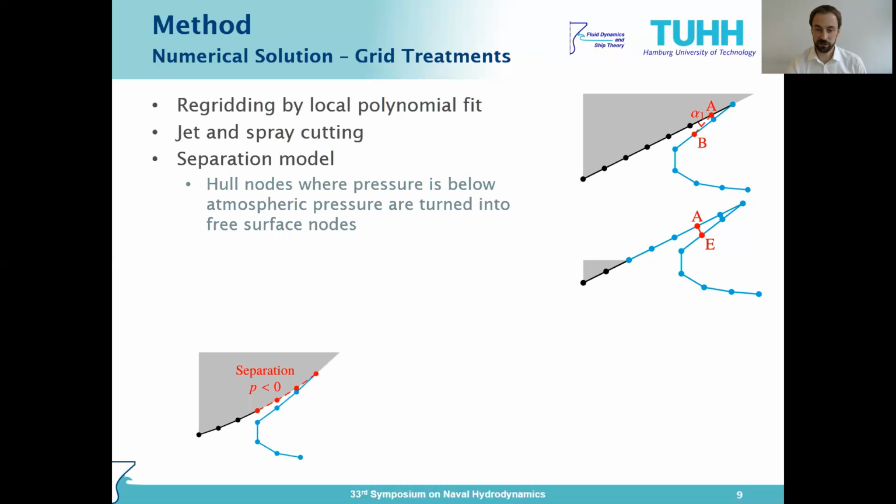There's also a separation model, which is used to model non-viscous flow separation from curved hull surface. In this model, the flow is assumed to separate from the hull if there's negative pressure on the hull, that is, the pressure on the hull part next to the free surface is below atmospheric pressure.